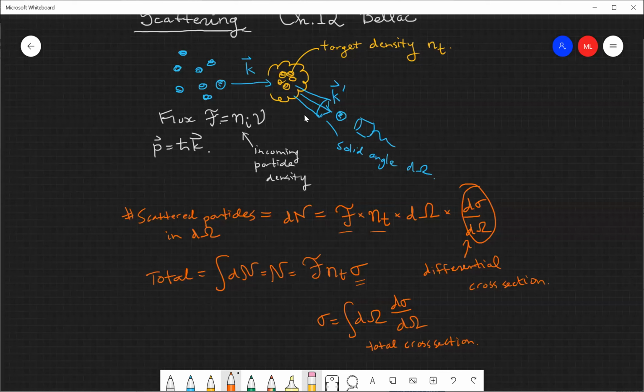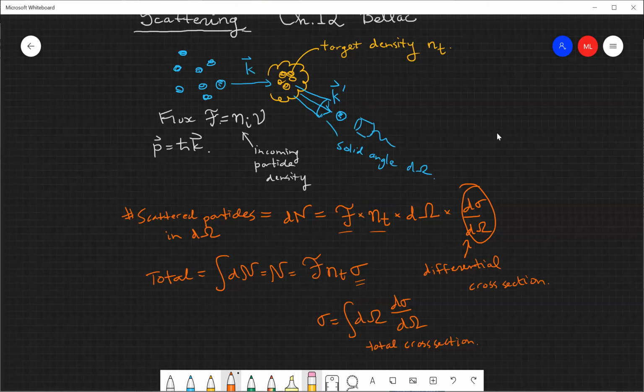In order for them to be scattered, they have to change their state. They have to change their momentum and come out with this K prime. So that must mean they undergo some transition between one kind of free particle state and another one, at this wave vector K prime instead. And so there must be some rate of transition for that happening in this process.